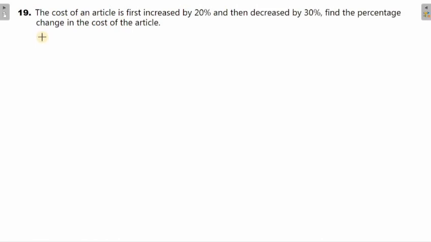Okay, so let the cost of the article be, let's say, rupees 100. Okay, now the cost is first increased by 20%, right? So let me write increased cost. Okay, so original cost is rupees 100, all of you know, and on this we have to increase, right?